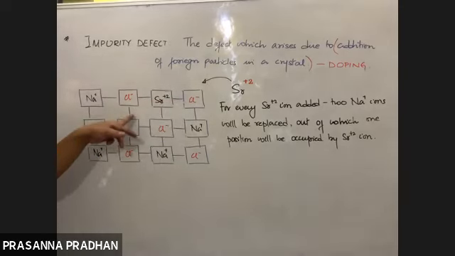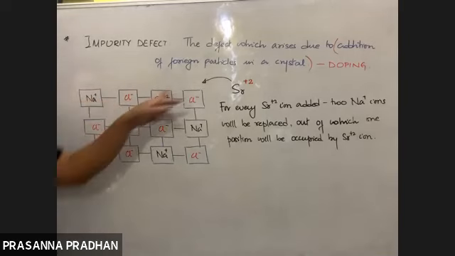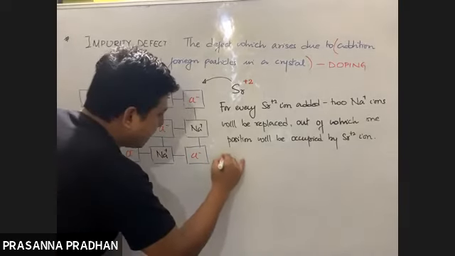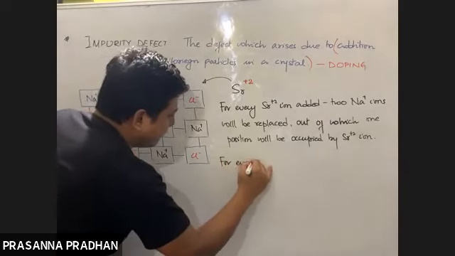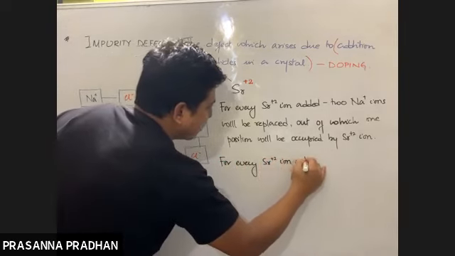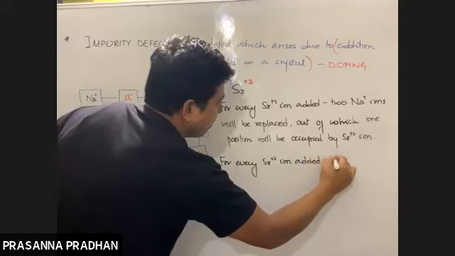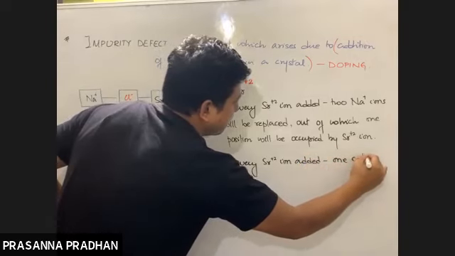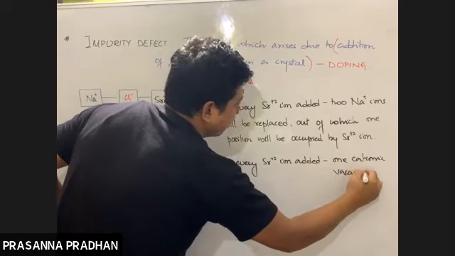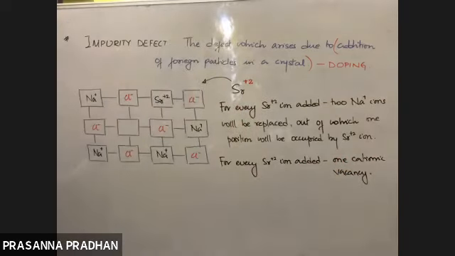So how many cation vacancies are created? बोलो, एक strontium add करने से how many cation vacancies will be created? 1. So I can just conclude that for every strontium ion added, 1 cationic vacancy will be created.